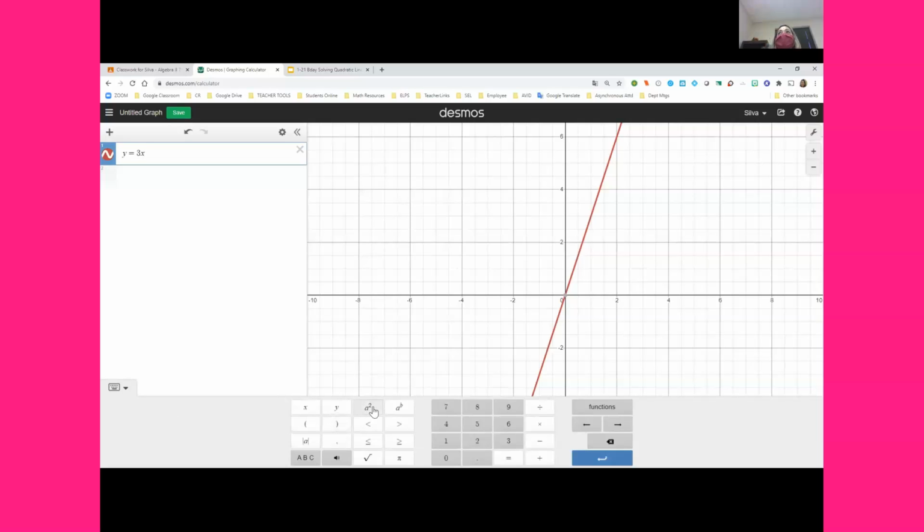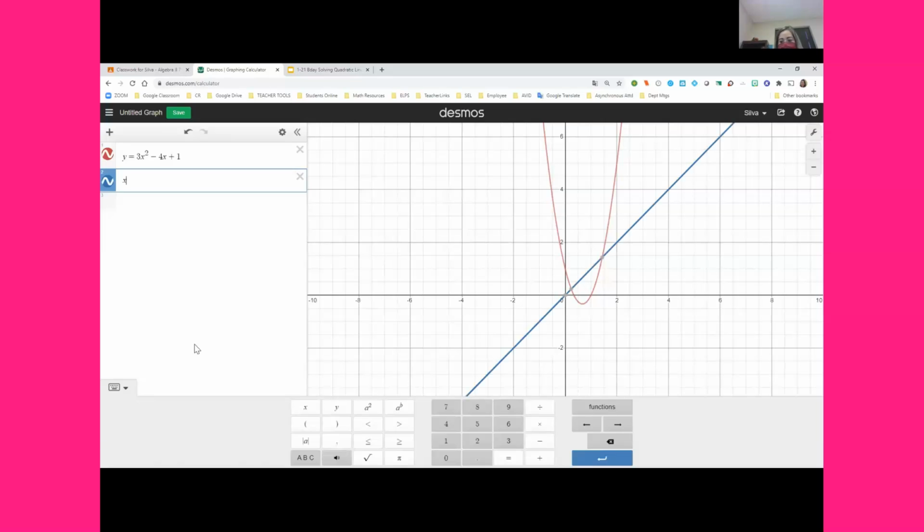You can use this square down here, or you can push shift 6 and then the 2. Minus 4x plus 1, enter, and then on the next line, you want to enter the other one. Yes, the intersections are decimals.